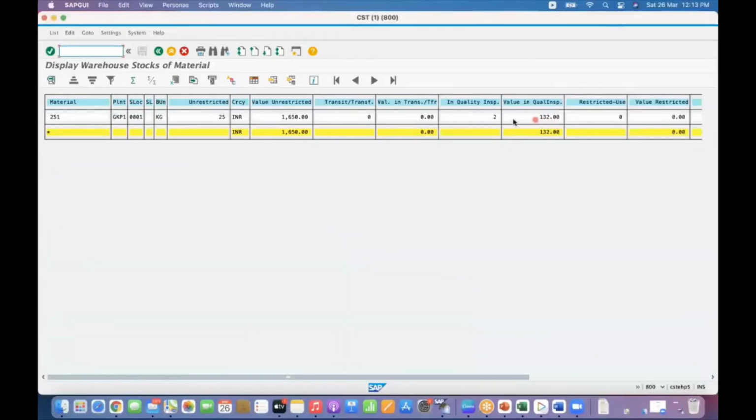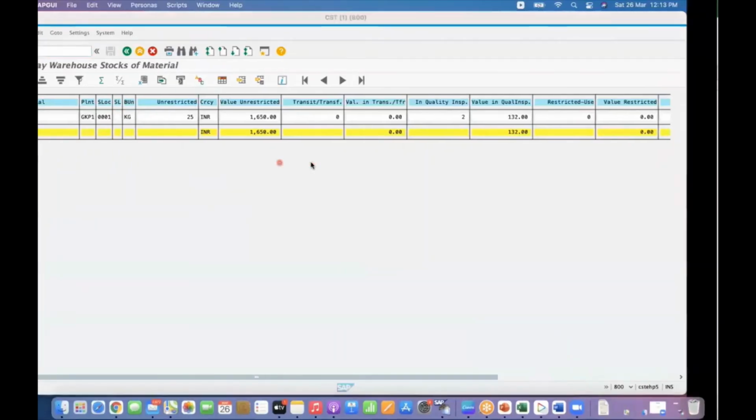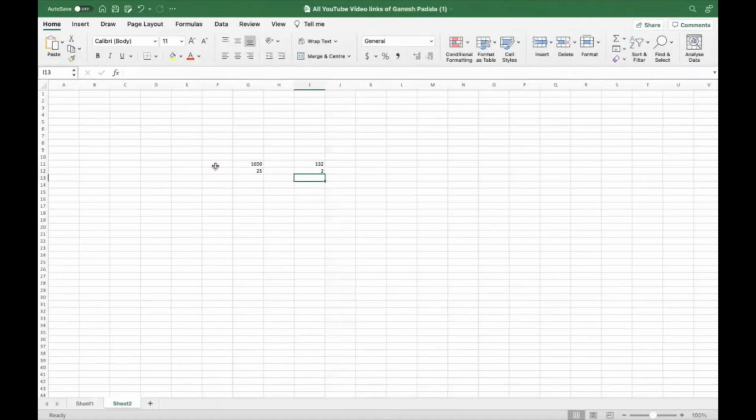And also there is some quality inspection is there. So that also we can just keep it. 132, quantity is 20. This is value, this is quantity.